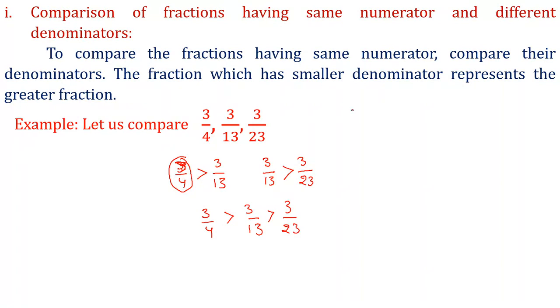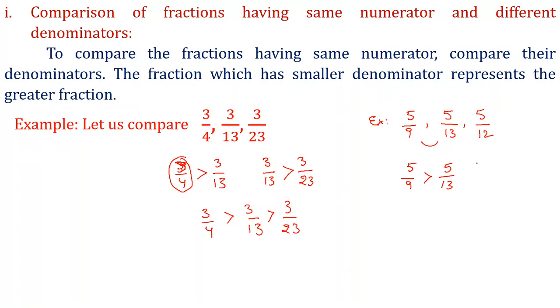One more example I am giving here: 5 by 9, 5 by 13, 5 by 12. How can you find out? All the numerators are equal here, so compare the denominators. First I am taking 5 by 9 and 5 by 13. In which fraction the denominator is less, that one is greater, so 5 by 9 is greater than 5 by 13.